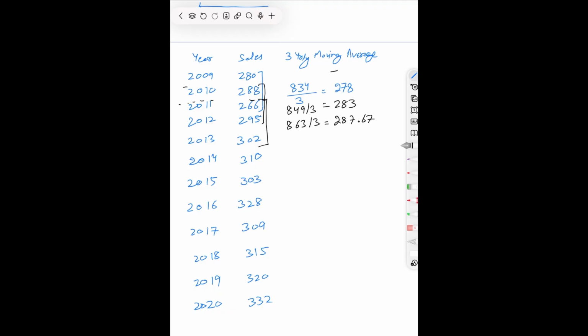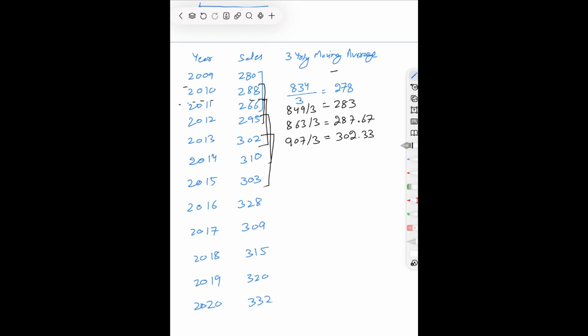Then next three items will be considered. So 295 plus 302 plus 310. So this will be 907 divided by 3, 302.33.